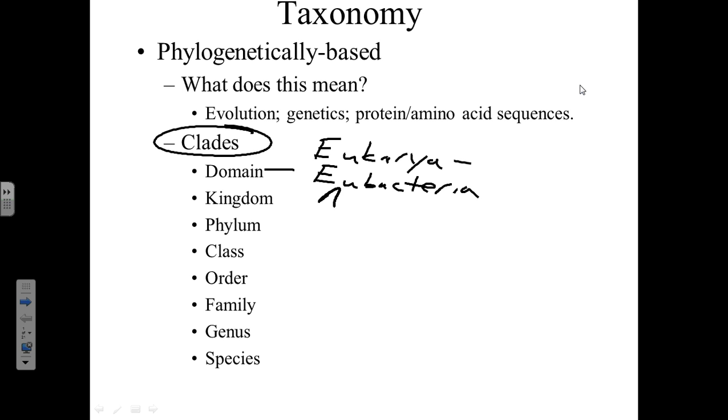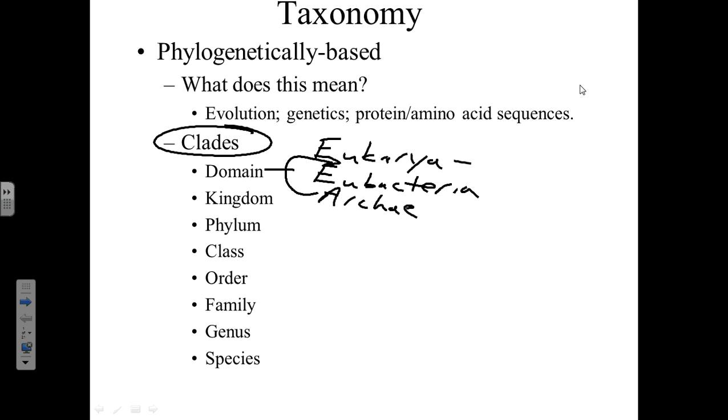And then the archaea, which used to be called Archaeobacteria. But what scientists have discovered is that they're genetically somewhere in between these two. They're more closely related to eukaryotes, possibly, than they are to other bacteria. And also, eukaryotes are more closely related to archaea than to eubacteria.